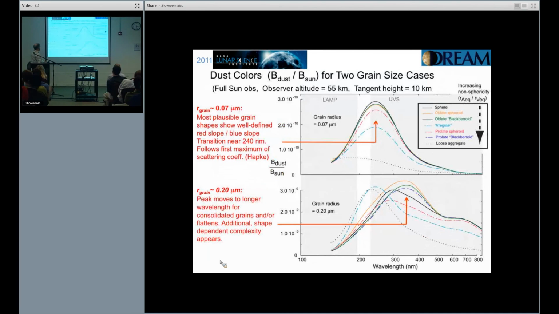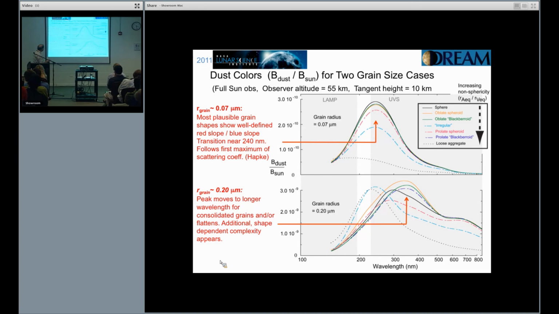Even more interesting are dust colors, because now the color information gets away not just from the abundance, but tells you a little bit about grain size and shape. What I've done is treat two size cases: something a little bit smaller than our canonical 0.1 micron grain, and then another radius about twice the size.